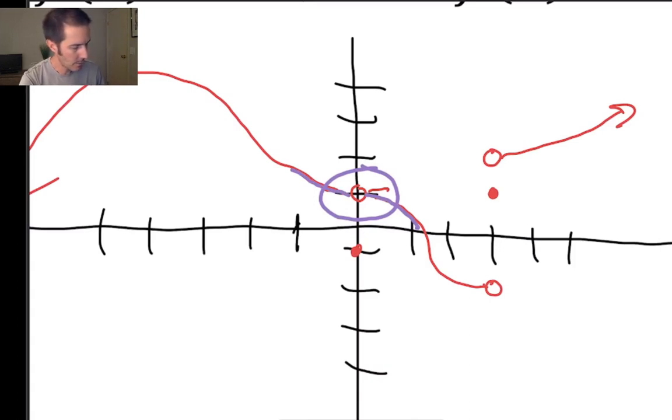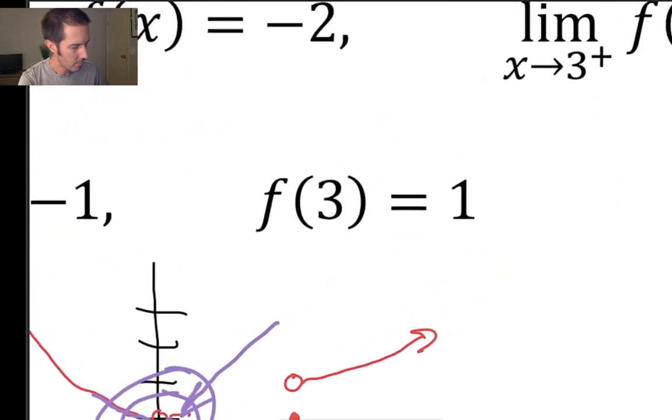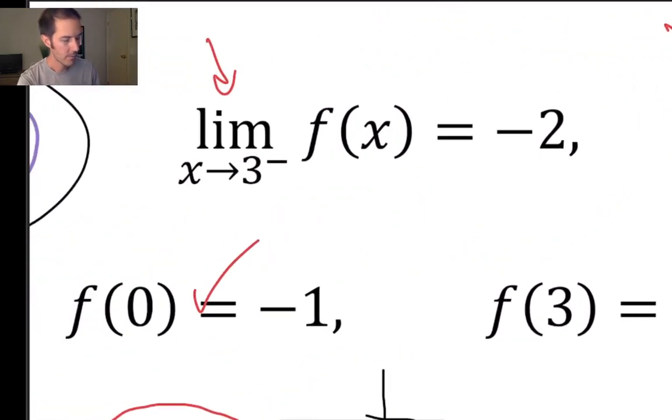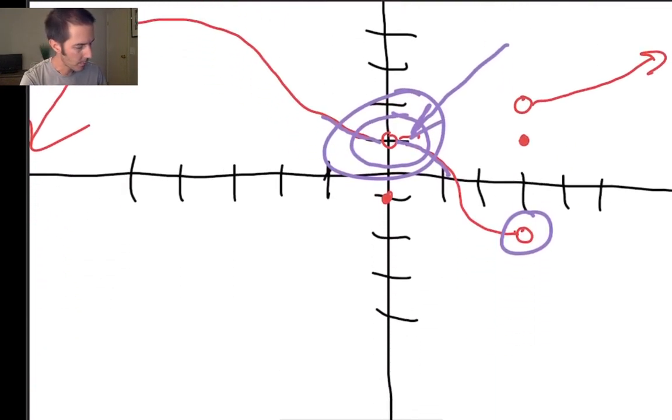And I knew that this hole had to be connected to this hole, one, because there had to be a curve coming out of the right-hand side of this hole, and this limit said that as we approach 3 from the left, we better be darn near a point that has a y value of -2. And here it is.